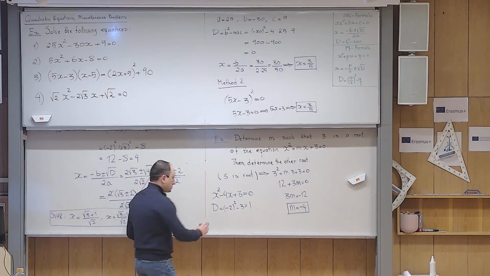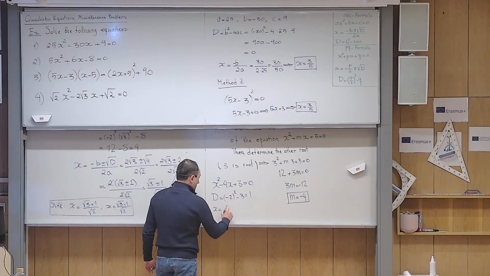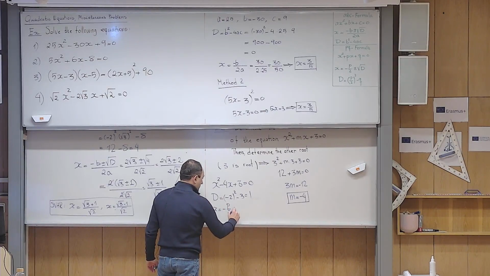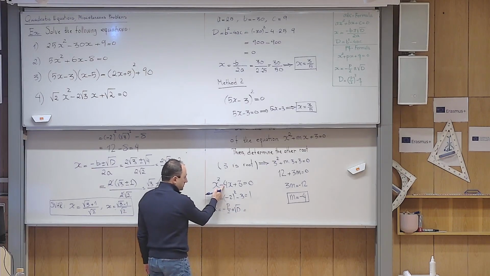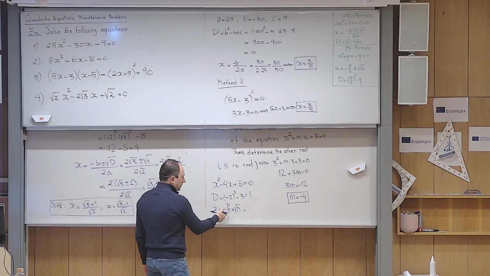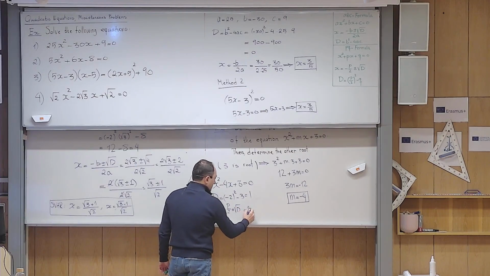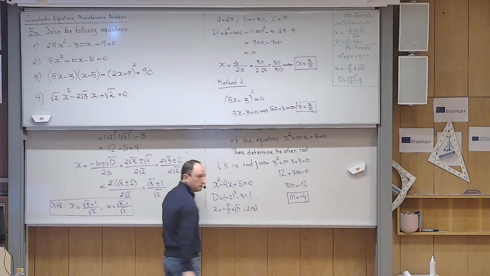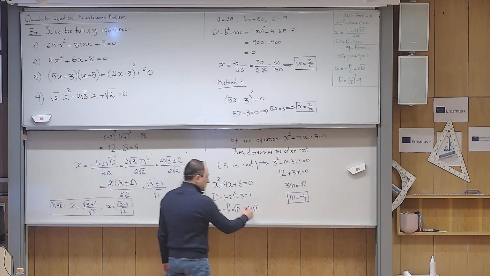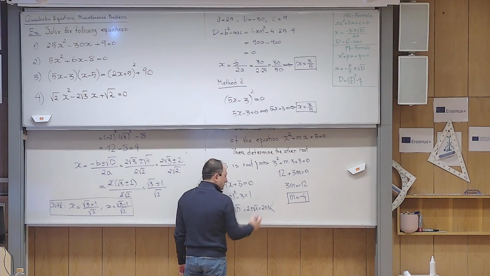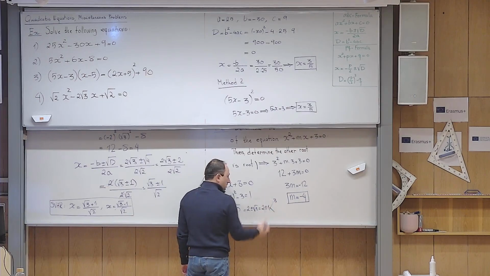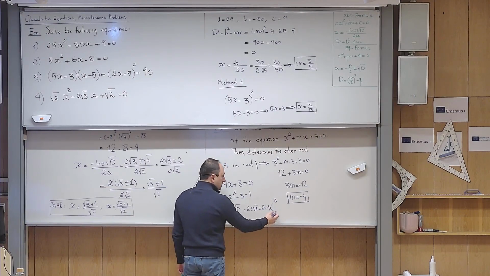And then I solve the formula minus p over 2 plus or minus the square root of the discriminant. Minus p is 4, divided by 2 is 2. So the answer is 2 plus or minus the square root of 1. So this becomes 2 plus or minus 1. And what are the answers? One of them is 3. If I choose the negative sign, one of them is 1.